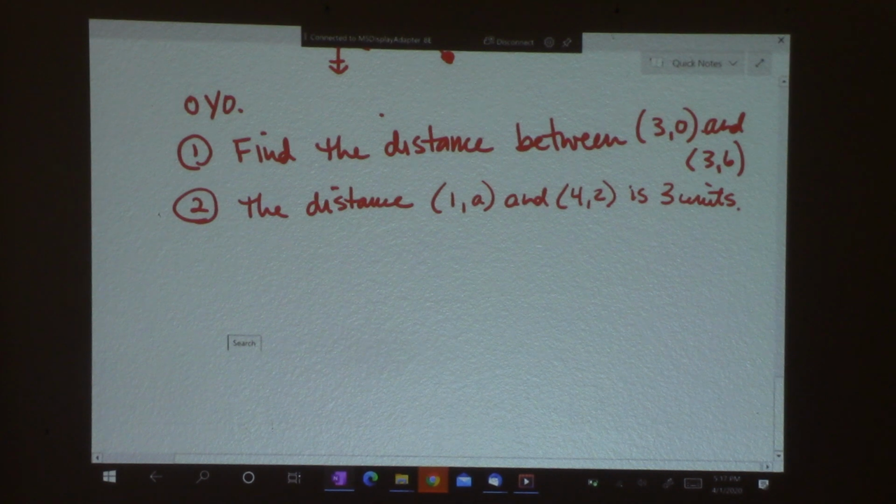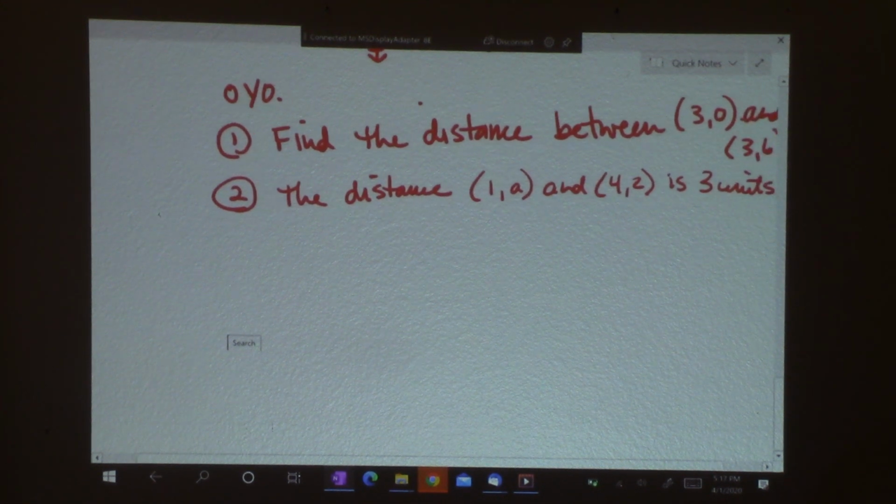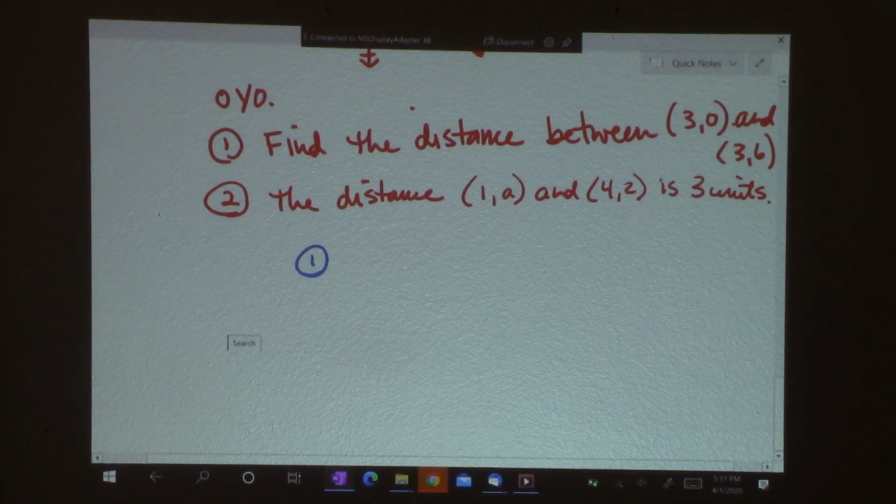All right, so let's do number 1. I'm going to move this over here so I'm away from this. Okay, my distance formula is D equals the square root of, now I'm going to label my points, x2, y2.